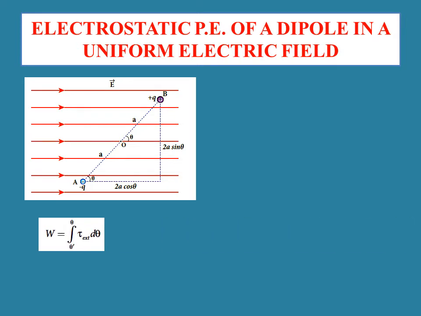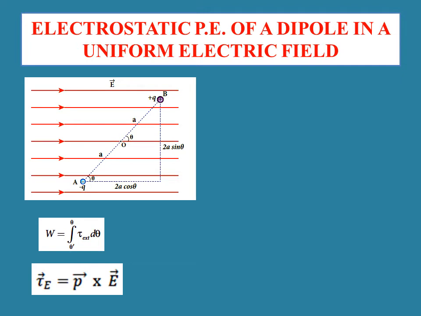Now suppose the initial angle is theta dash and the whole dipole is rotated by giving an external torque. It is rotated to another angle theta, then the torque exerted by the electric field will be equal and opposite to the external torque that has to be applied on the dipole.